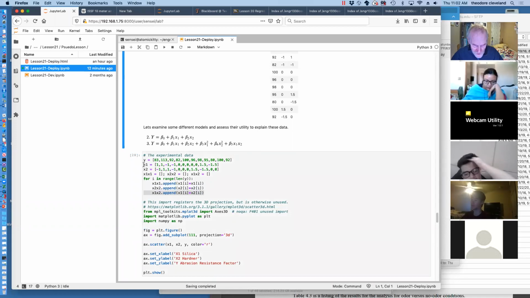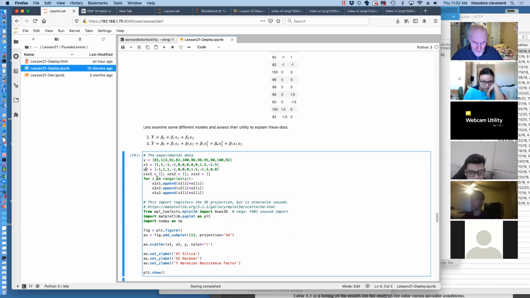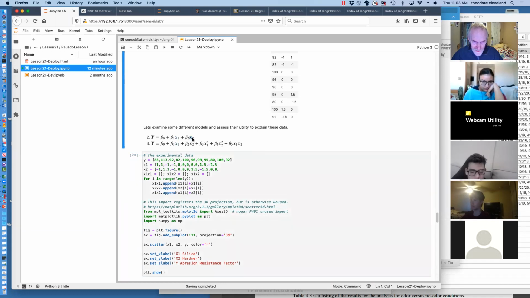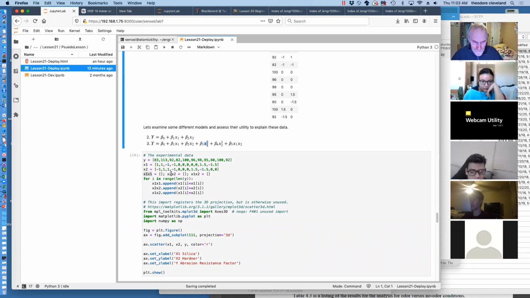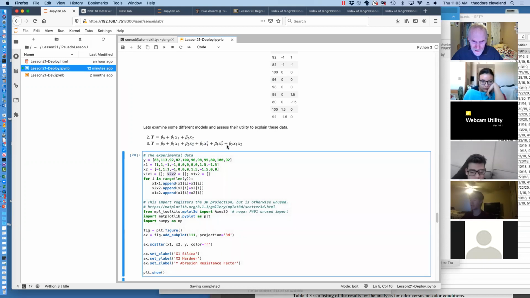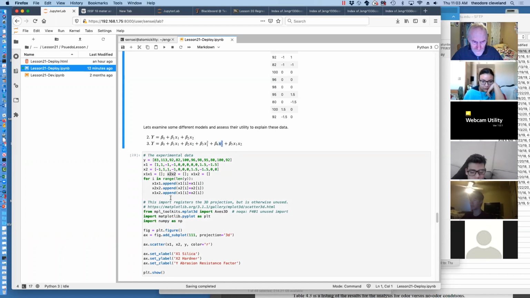So this list x1, when we go ahead and start to construct our model, will be used here in this equation and here in this equation. This list x2 is used here and here. This list x1, x1 is used here. This list x2, x2 is used here.